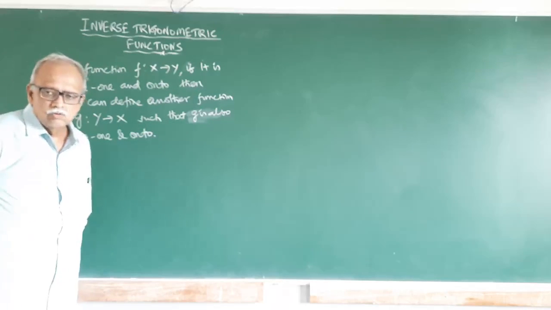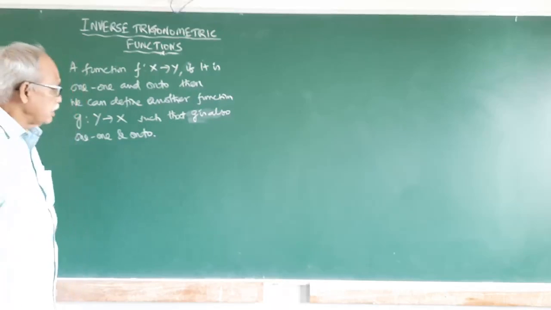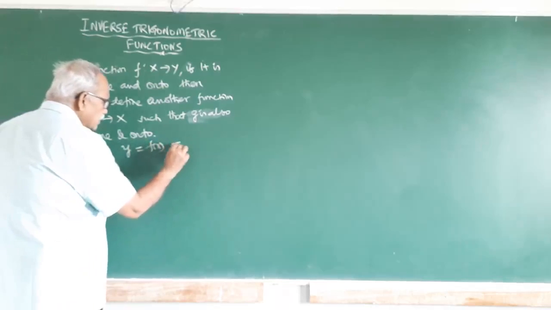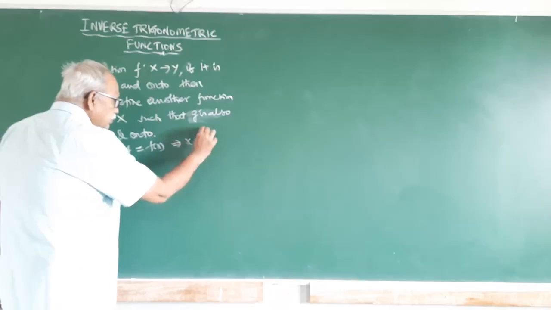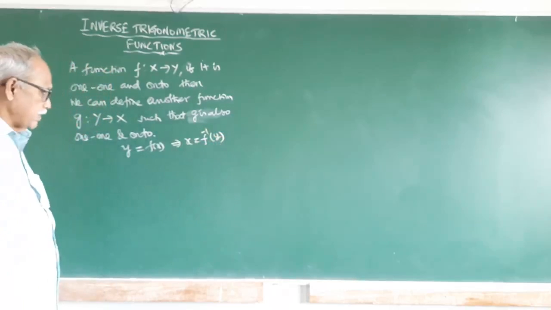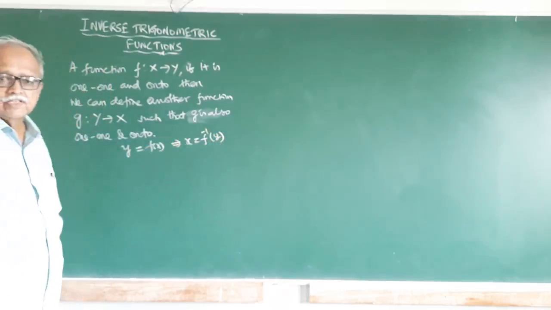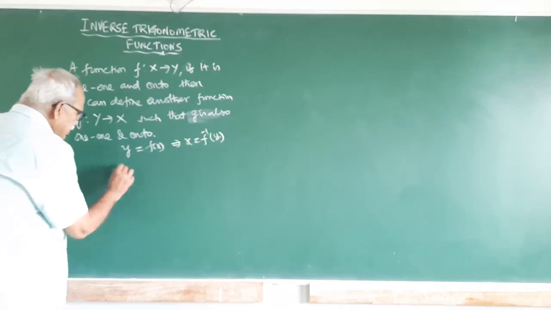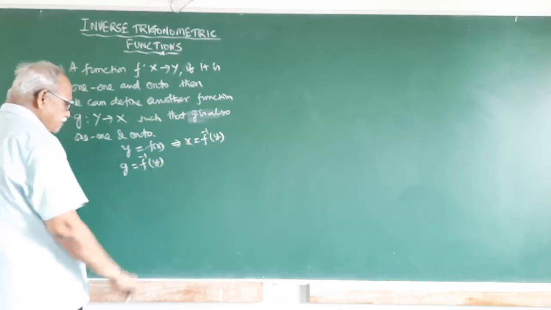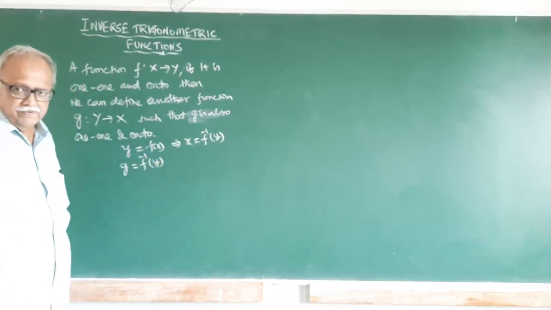Suppose you take a function y is equal to f of x, this implies x is equal to f inverse of y. So f inverse of y is called the g function. g is equal to f inverse of y.